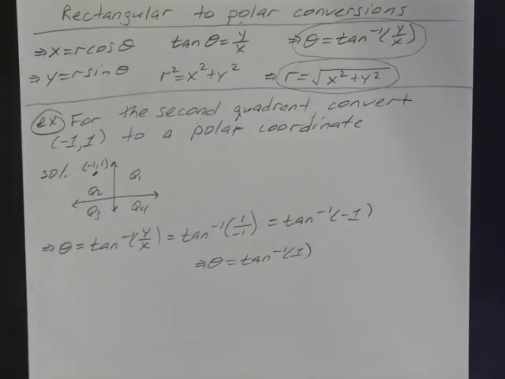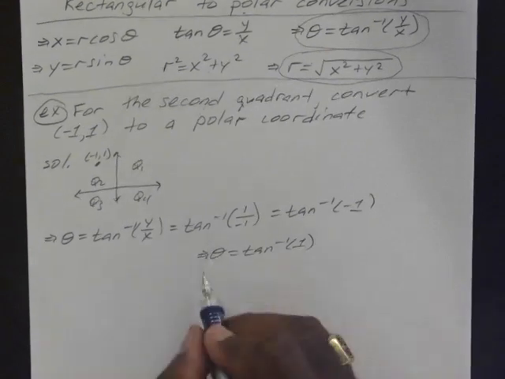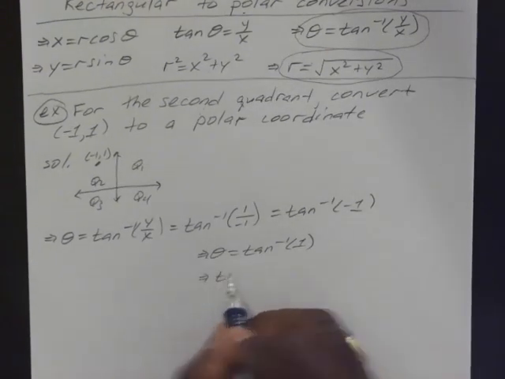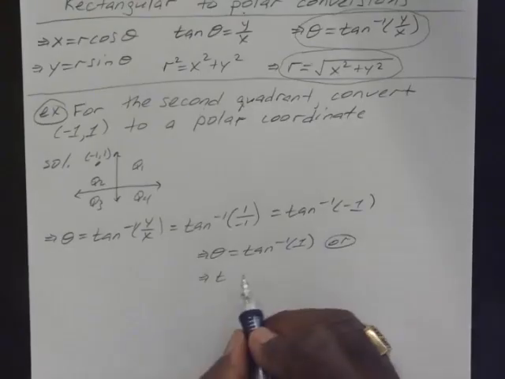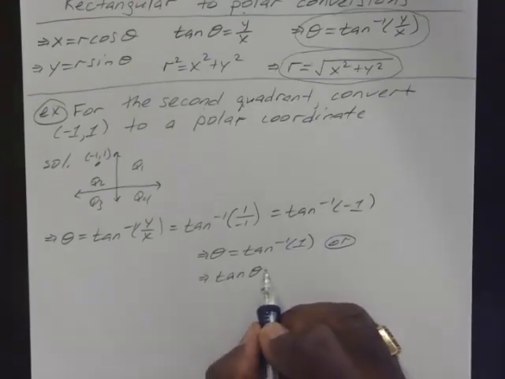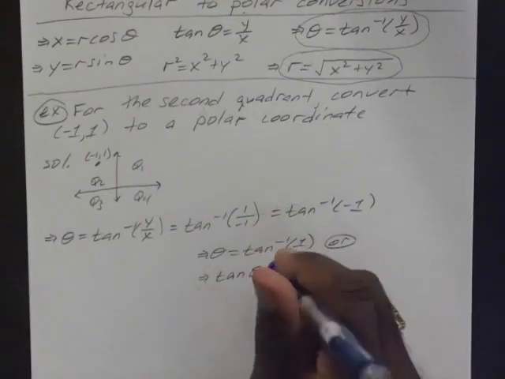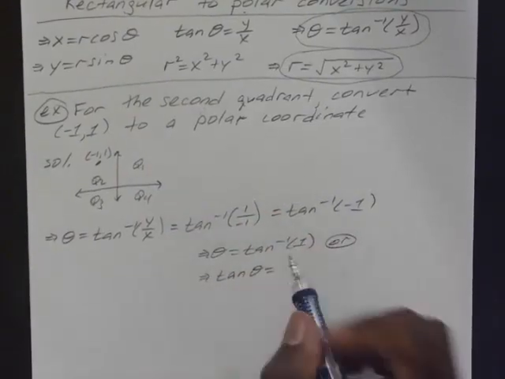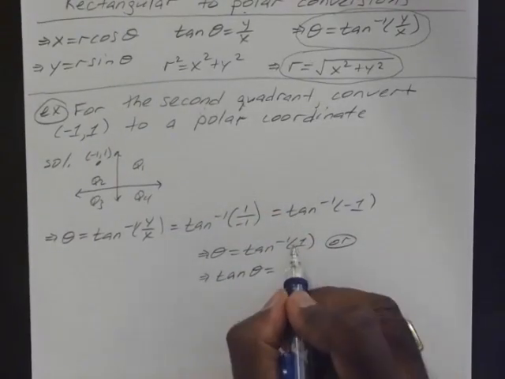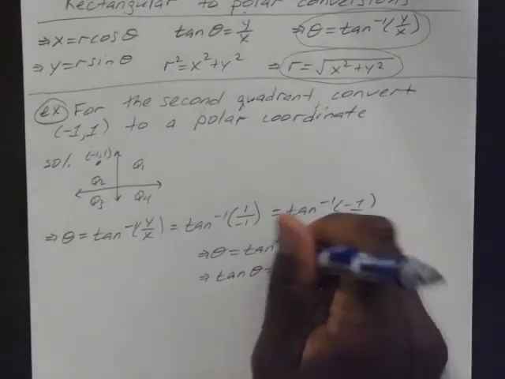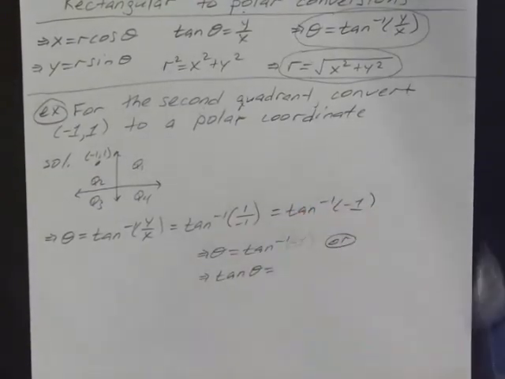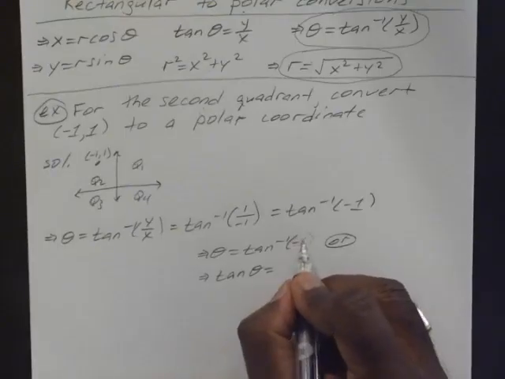Okay. Or if you wanted to, you could apply tangent to both sides and rewrite it as tangent of theta is equal to -1. Let me clean that up a little bit. There we go.